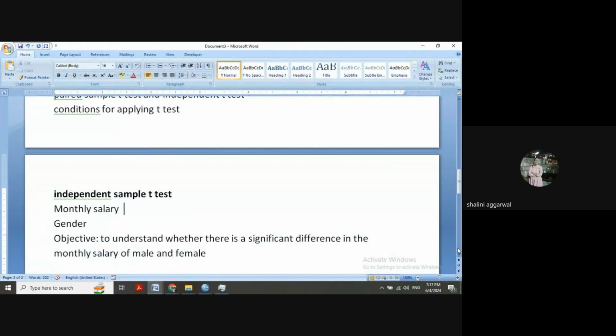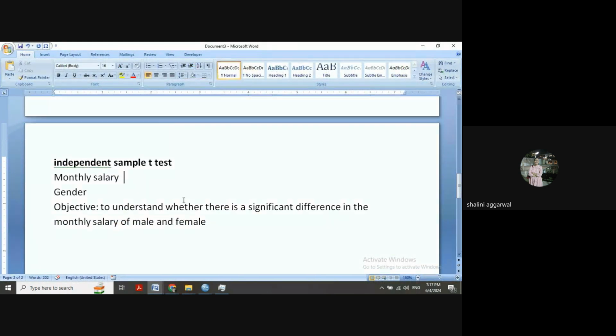So what we are doing is, we are talking about the independent sample t-test, monthly salary and gender, right? What is the objective? To understand whether there is a significant difference in the monthly salary of male and female. This is the objective, right? So in this case, when we are talking about the independent sample t-test, what is important here? Monthly salary is your dependent variable.